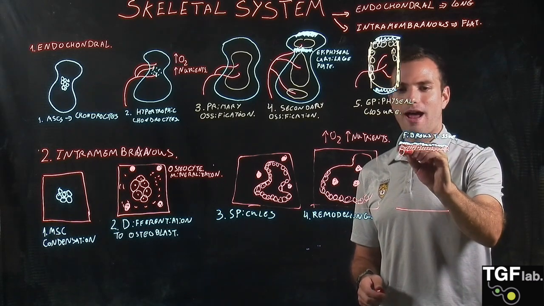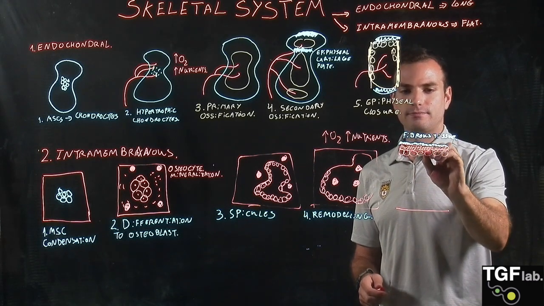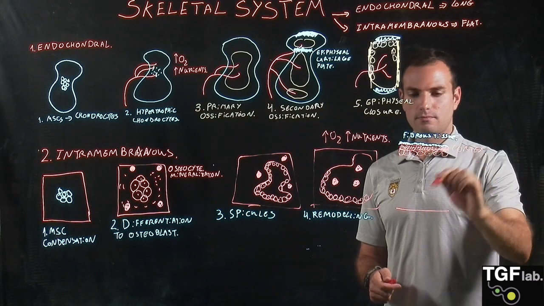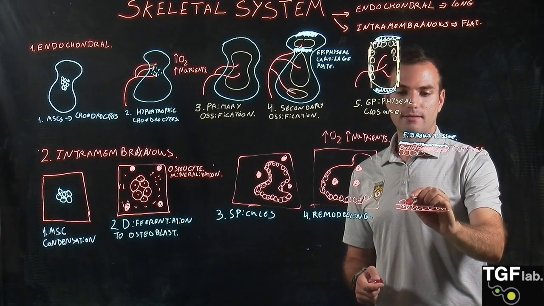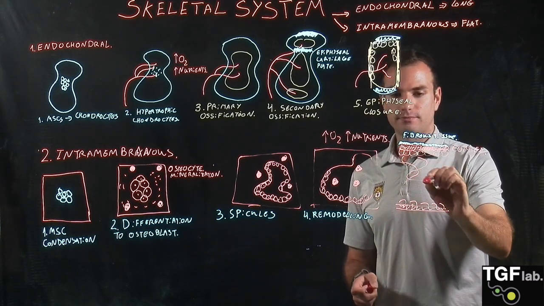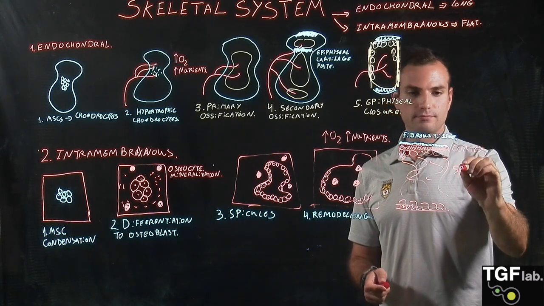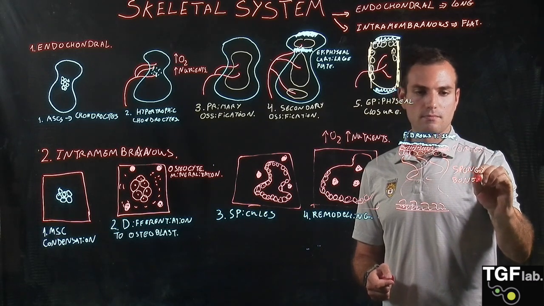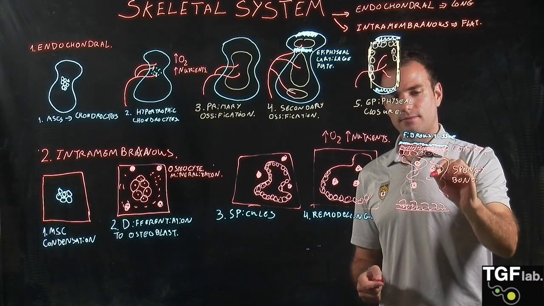And we are also going to have the osteogenic cells that were forming the osteoid. And finally, between the two cortexes, we are going to have the spongy bone, that is really well vascularized.